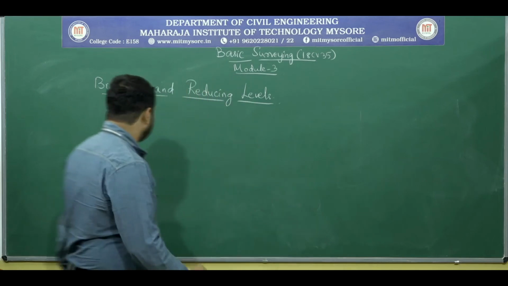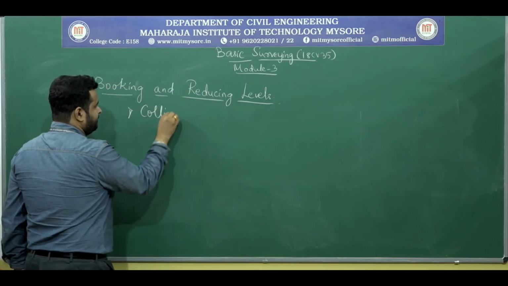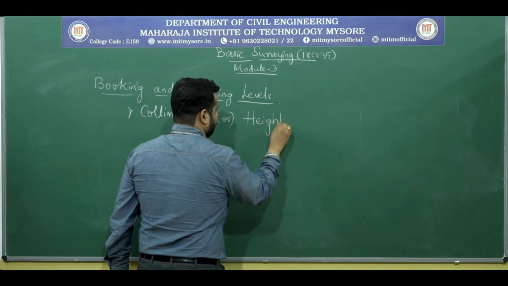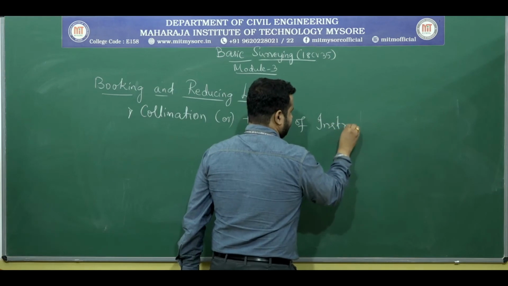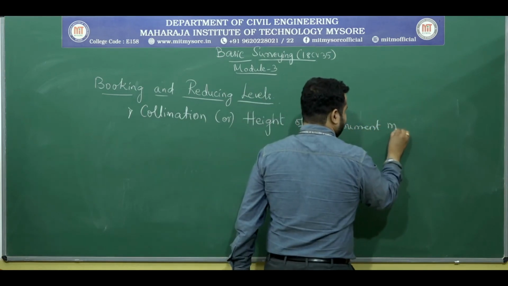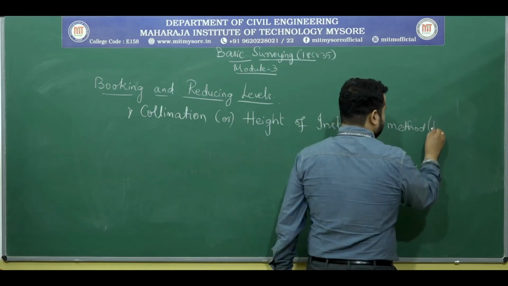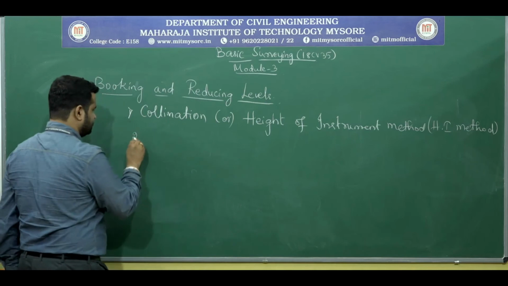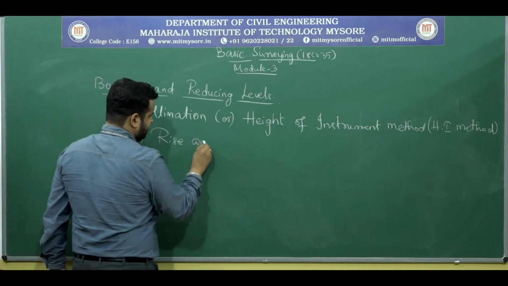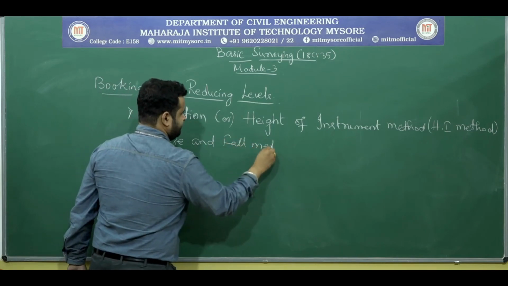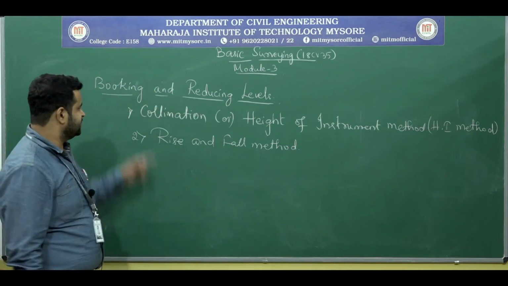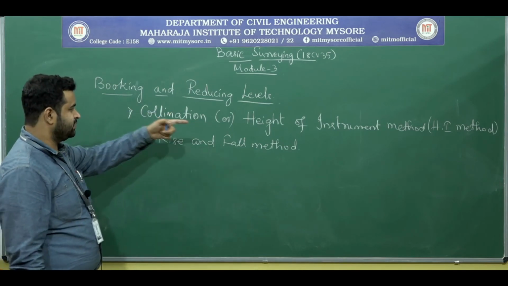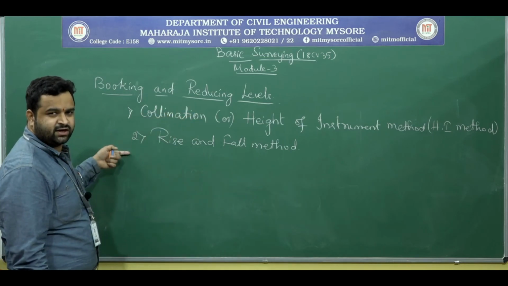The first one is collimation or height of instrument method, also called the HI method. The second one is rise and fall method.